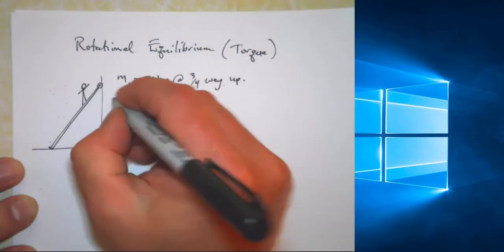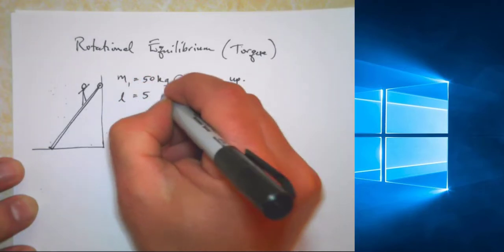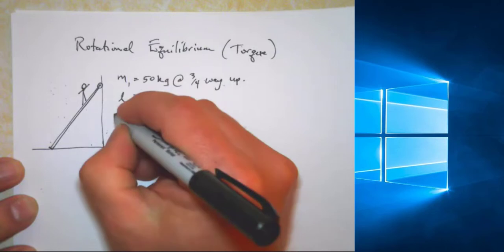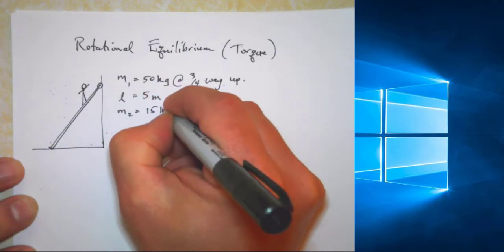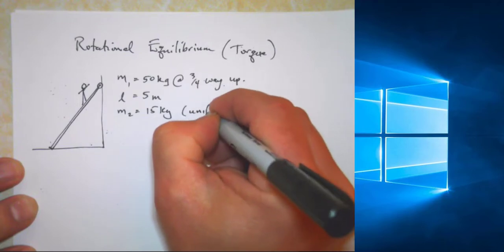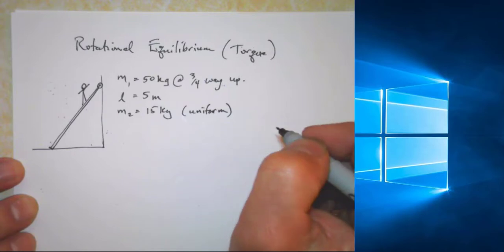We have a 5-meter ladder. We have a mass of the ladder of 15 kilograms. And it's uniform, meaning the mass is evenly distributed throughout that object.